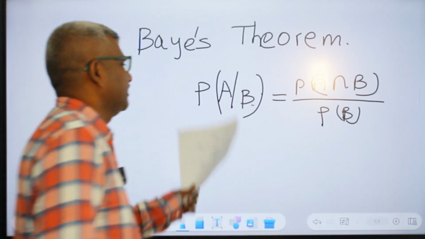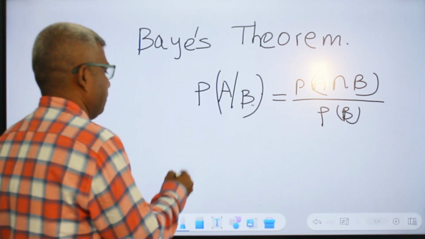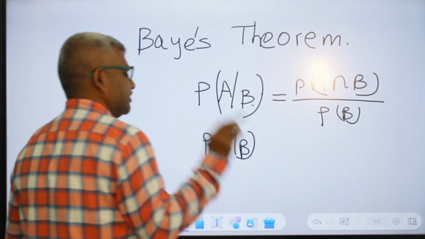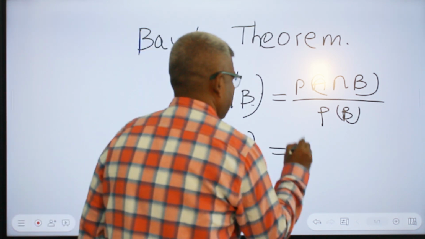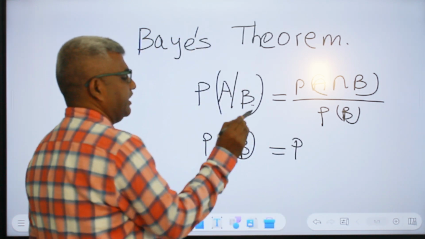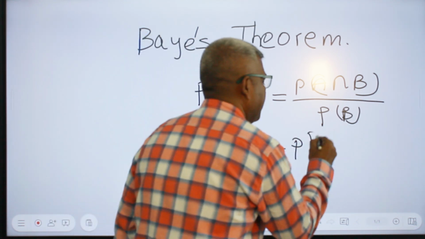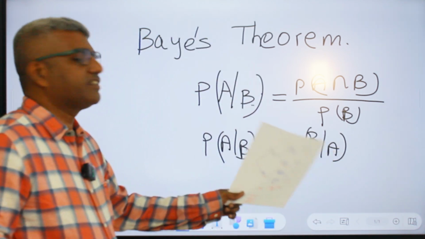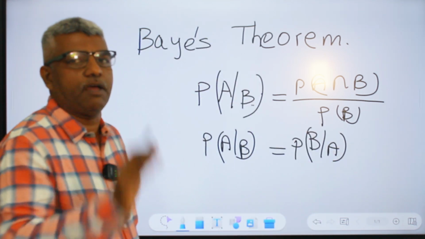This we studied. Okay, but Bayes theorem is very simple. Probability of A given B is, now B given A. Given A, always given will be in the denominator.